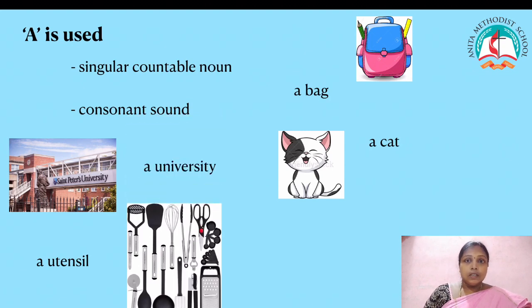A utensil. Again, utensil gives you the U sound. European. Again, U sound. So before a consonant sound, we should use the article a. Again, I repeat. The first rule, we use a before a singular countable noun. The second rule is we use a before a consonant sound. Children, are you clear where to use a?